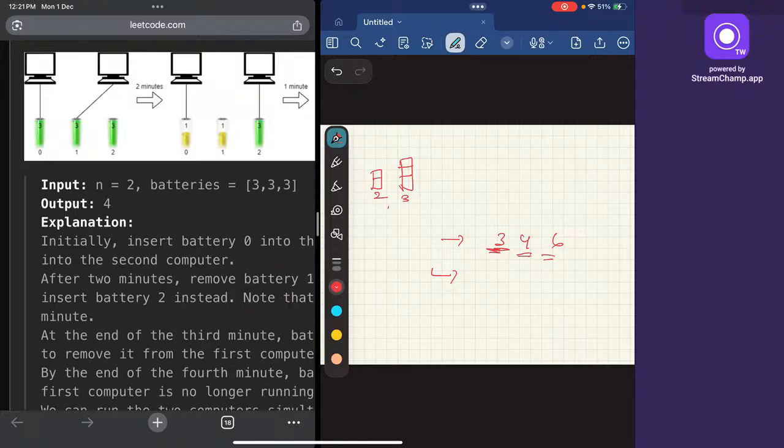I will run for a minute, so the battery percent will drop by 1, 2 and 5. I will swap the third battery and second battery with the first two small values. We'll run for another minute.